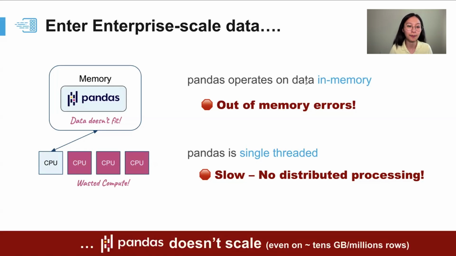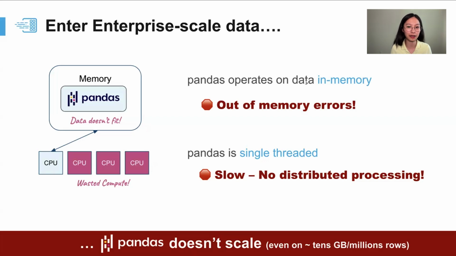What that means is that Pandas really doesn't scale well, especially when you're working with tens of gigabytes or millions of rows. It depends on the size of your machine, but generally, when we get to that medium to large data set regime, we see that Pandas starts to slow down and ultimately runs out of memory.